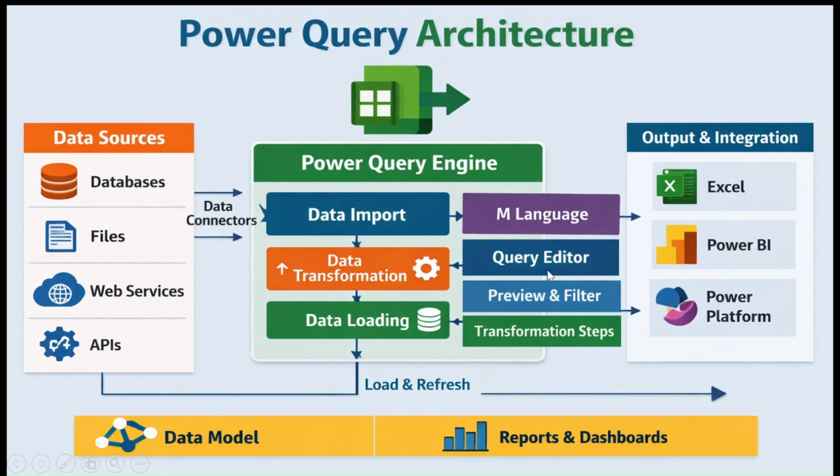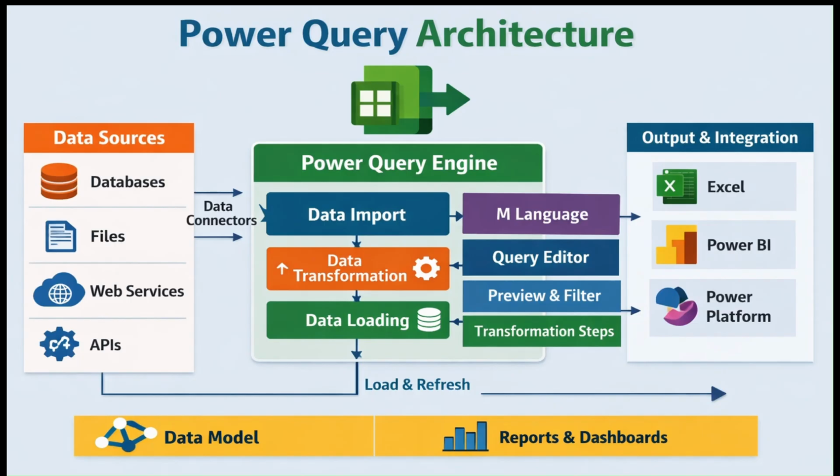Now, if you see here, I have mentioned the M language. So Power Query basically uses the M language. It is nothing but a scripting language, with a design similar to F sharp.